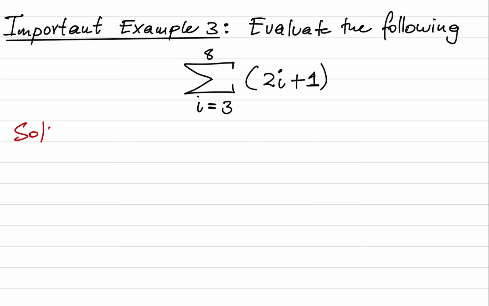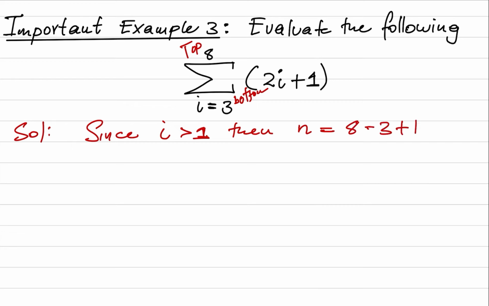So my solution, since i is greater than 1, because it's 3, then n is top minus bottom. So this is our top, this is our bottom. So top minus bottom, 8 minus 3 plus 1. We get how much? This is just 6 there. So the number of terms is 6.